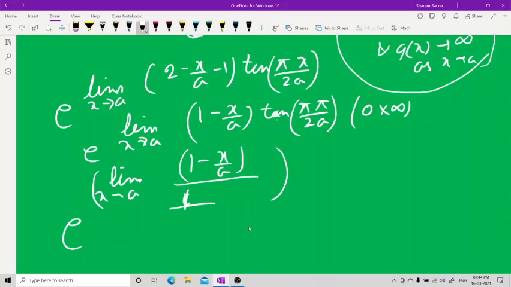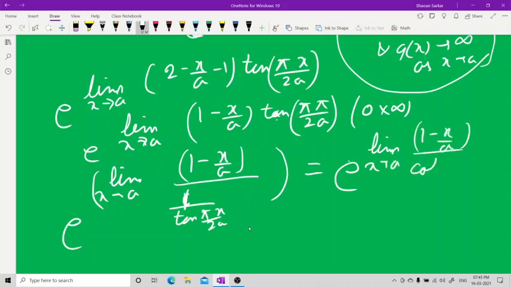So this is (1 minus x by a) upon cot (pi x by 2a). Now this is nothing but 0 by 0 form.